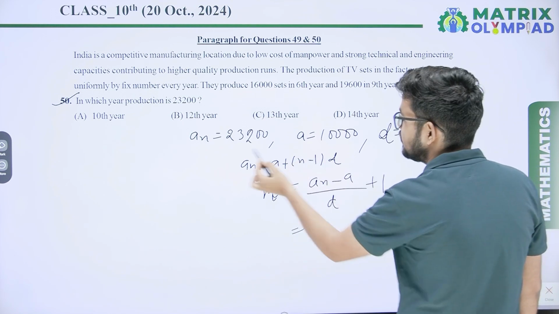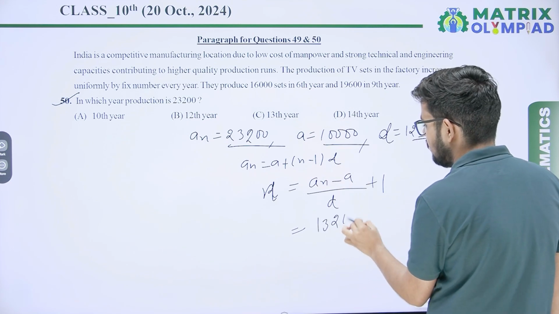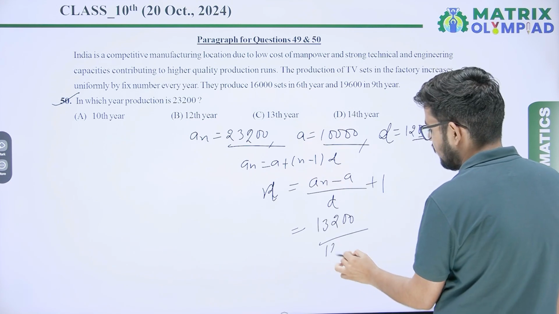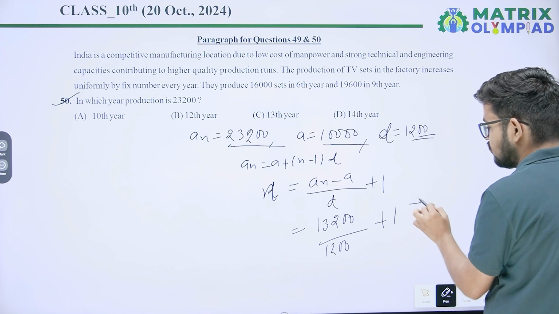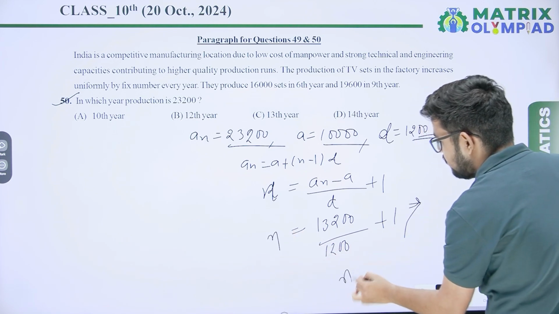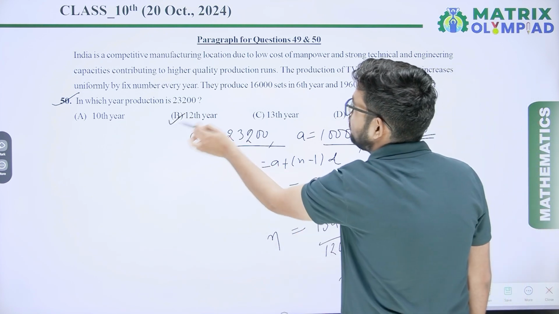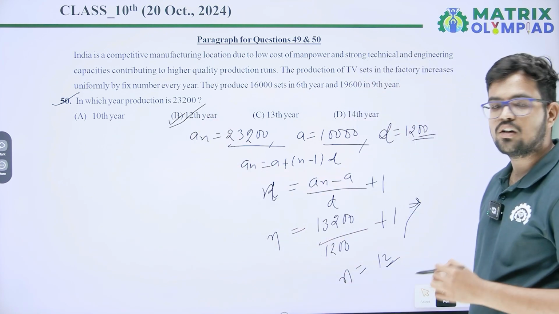So An minus A, 23,200 minus 10,000, that is 13,200 upon 1200 plus 1. So from here the value of n will be 11 plus 1, 12. So in 12th year the production will become 23,200.